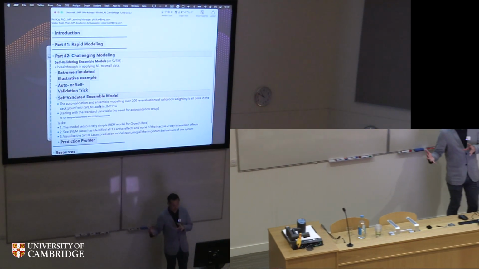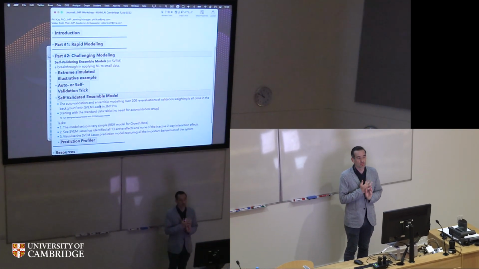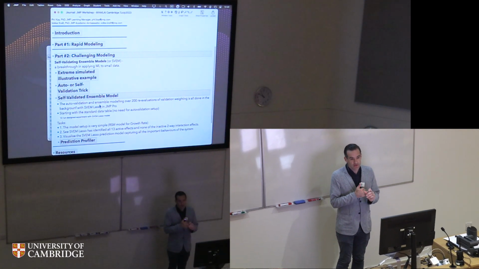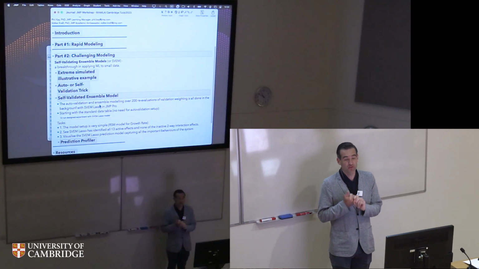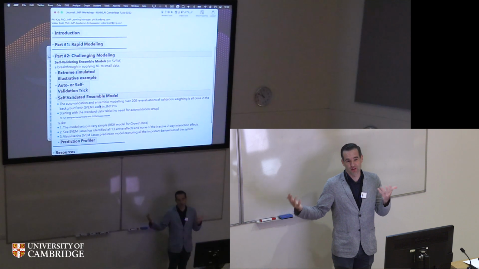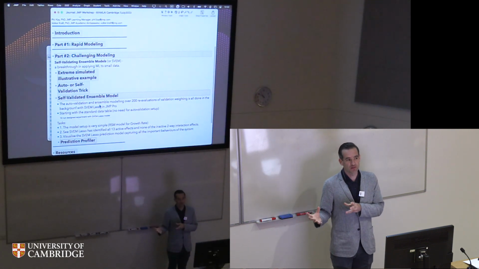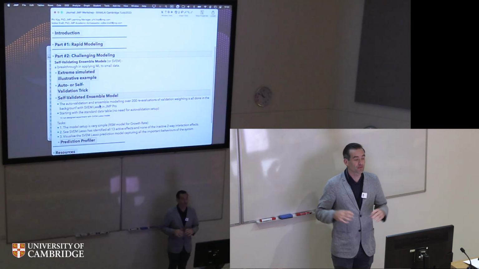A slightly different topic. I hope we found that interesting. What I really want to demonstrate there is that there are a lot of advances going on at the moment in the world of machine learning. Most of it's really around how you do deep learning on big data and image classification, things like that. In the world of science and engineering, it's really about how can we extract the maximum insight from very small amounts of data.